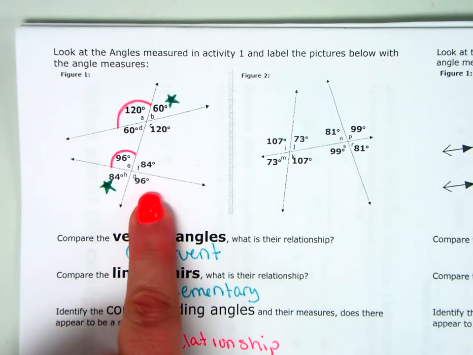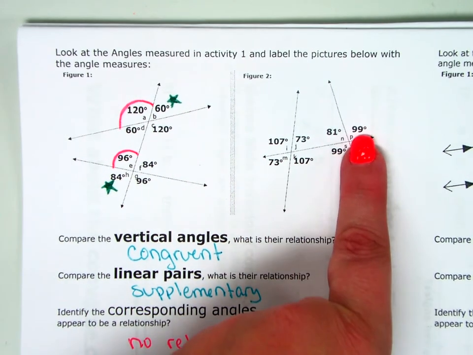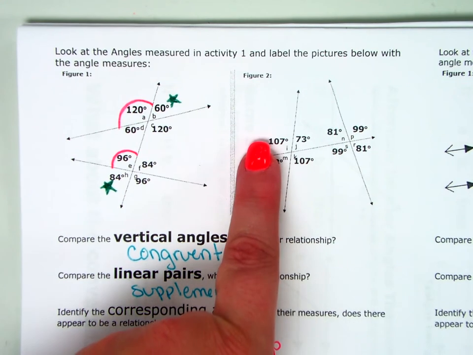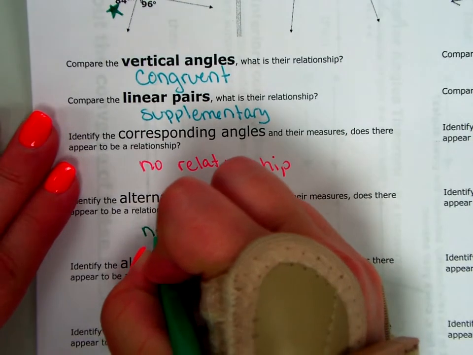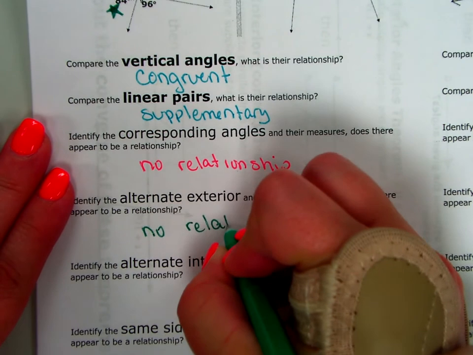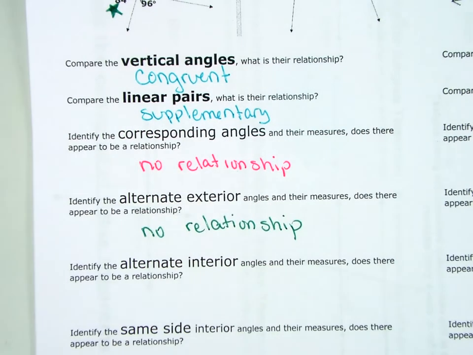My 120 would match with the 96. My 73 would match with the 99, and the 107 would match with the 81. Does it seem like there's a relationship? No. No relationship. Okay.